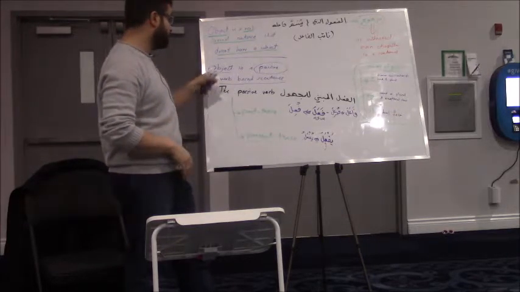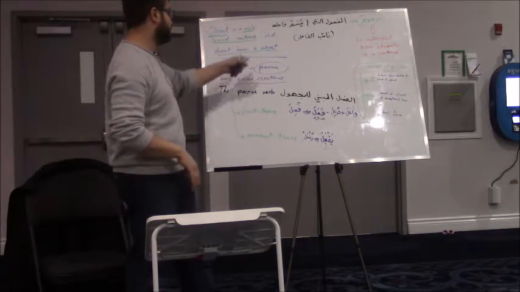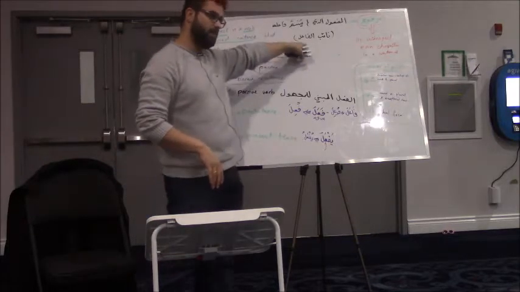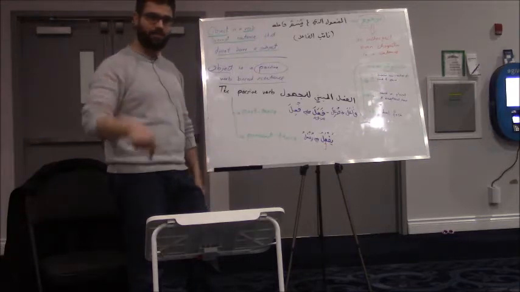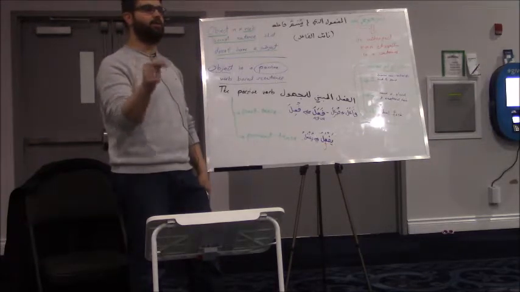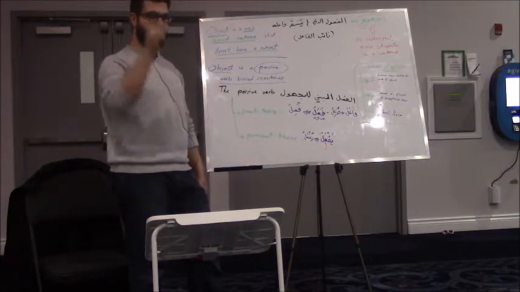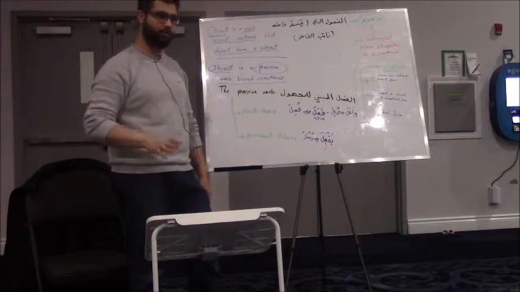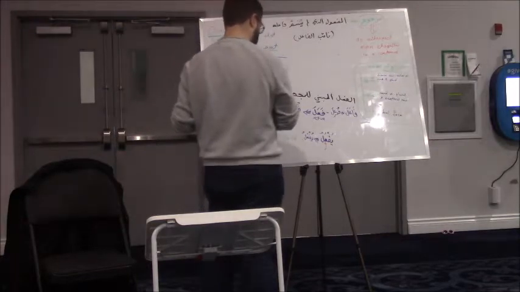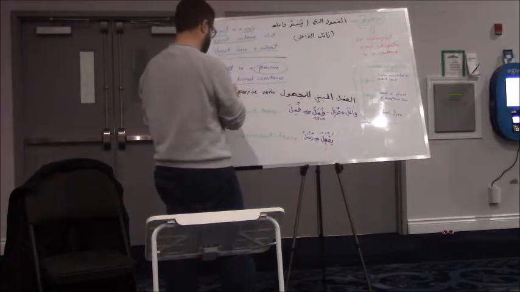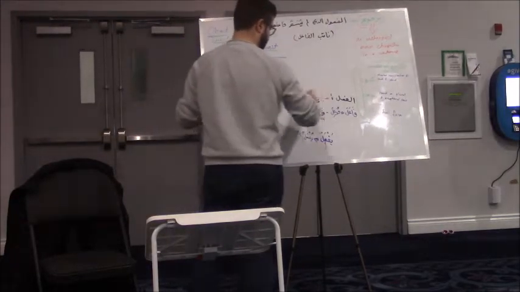It's going to be an object in a passive verb-based sentence, a na'ib al-fa'il, a substitute for the subject. It's going to be marfu' as well. Whenever you see a verb-based sentence, look for a subject or something substituting the subject to be marfu'. Always look for it. You're going to find it 100%. So that's the passive verb. This is very important that you understand.